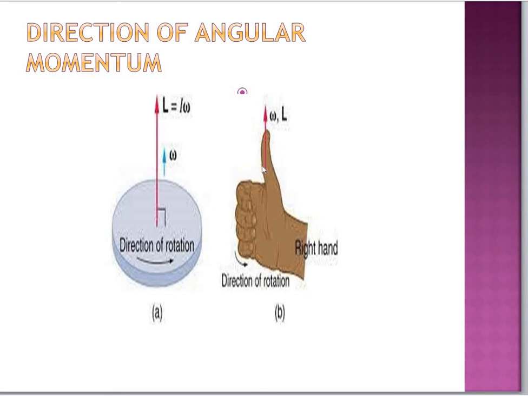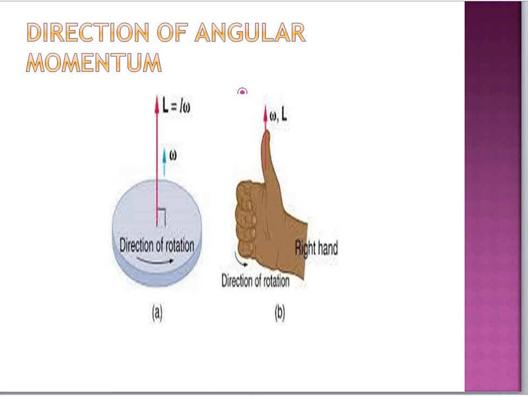So suppose this is the direction of the thumb. Curl your fingers in the direction of r into the direction of p.